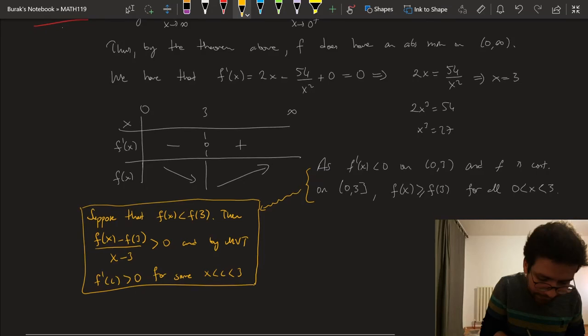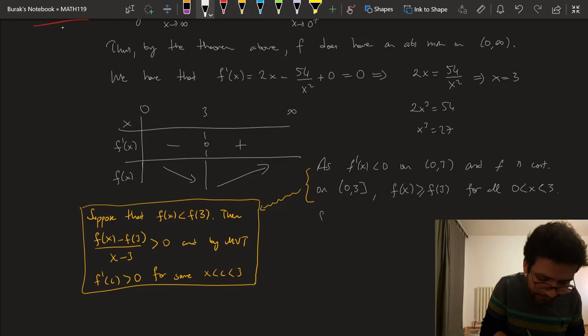So if you assume that f of x is less than f of 3 and x is less than 3, then you get that this quotient is positive, but by mean value theorem, this quotient is f prime of c for some c between x and 3. But I assumed that the derivative is negative, and then I get the derivative is positive. So if I assume that f of x is less than f of 3, I get a contradiction. I get something absurd, which means that f of x is greater than or equal to f of 3.